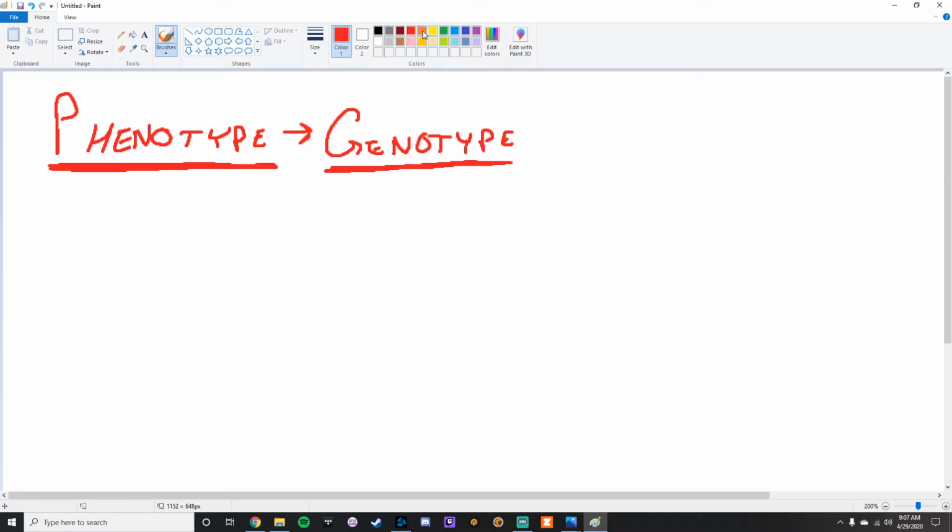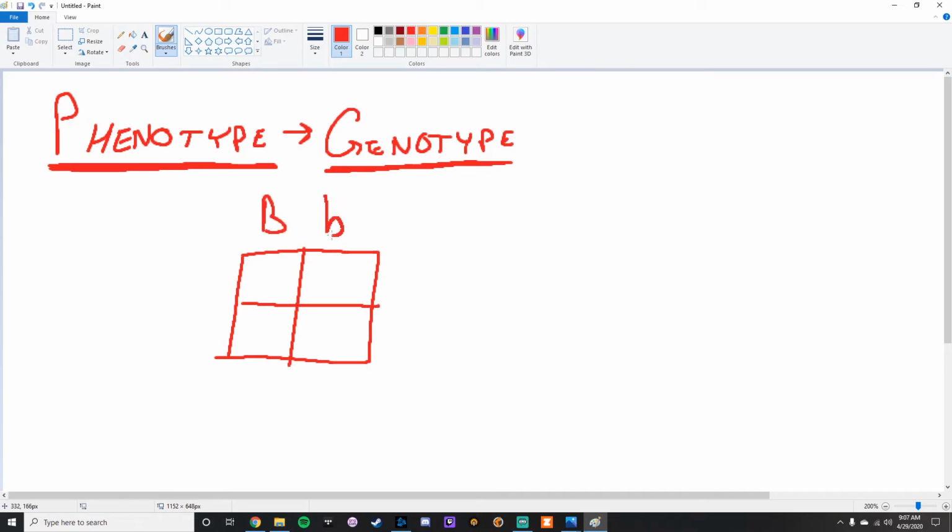So we'll go back to Paint real quick. Stick with red. So we are using a heterozygous rabbit and a heterozygous rabbit. Notice that both of these rabbits are going to appear as brown.